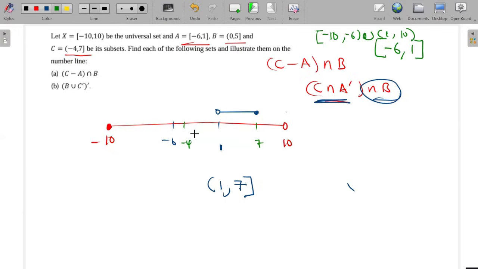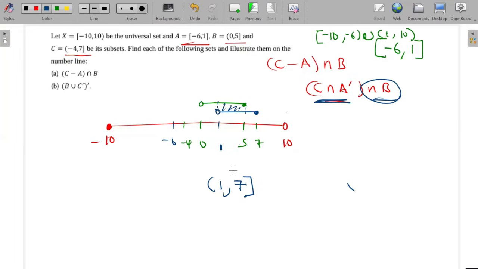So my B from 0, let's say we have 0 here and we have 5 somewhere here. So it is open at 0 and all the way to 5, and it's closed at 5. Then they're telling you what is the intersection. So what are the common elements? The common elements are there and there. So these parts here are what is common.